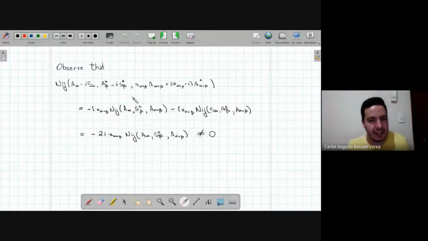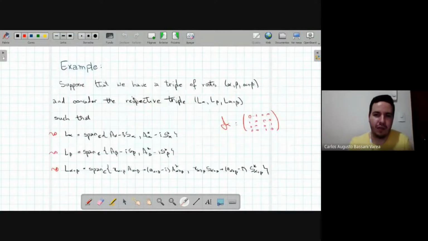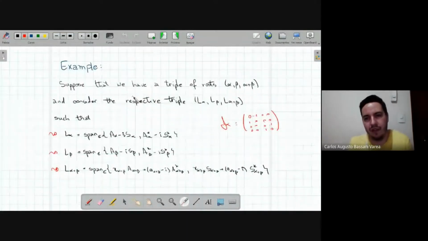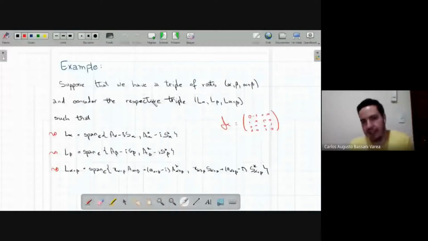So if this term is non-zero, then the complex structure, where we have a triple of roots alpha, beta, and alpha plus beta appearing with a triple of eigenspaces of this type, will not be integrable. When I said that the sign interferes directly on the integrability, one example is the following.